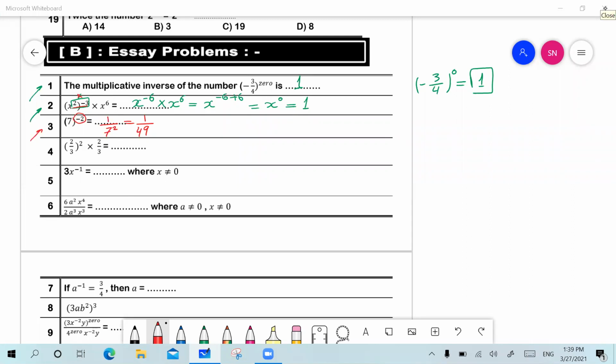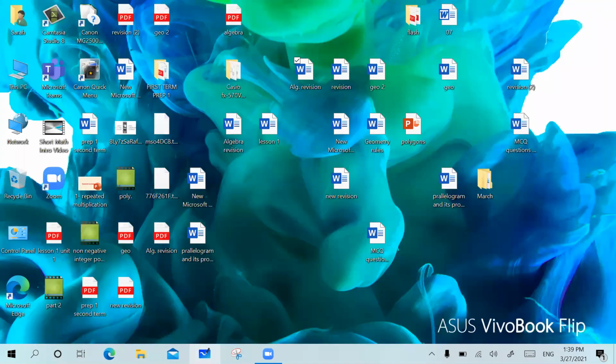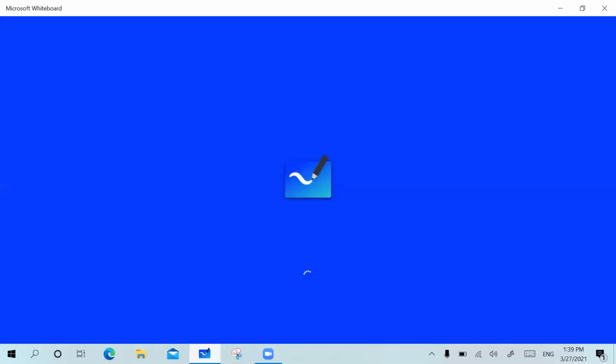Number 4, 2 over 3 all raised to the power of 2 times 2 over 3. This is going to equal?